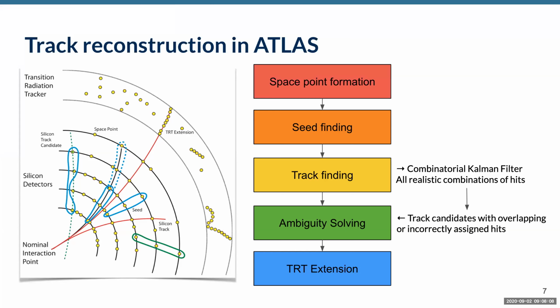So this is why at this point we need ambiguity solving, because this is going to allow us to separate the good true tracks from the other tracks, which are sometimes called duplicate tracks, the ones that have overlapping or shared hits, and the ones with mostly incorrectly assigned hits are the fake tracks. And then the final step is extending the track even further in other parts of the detector.